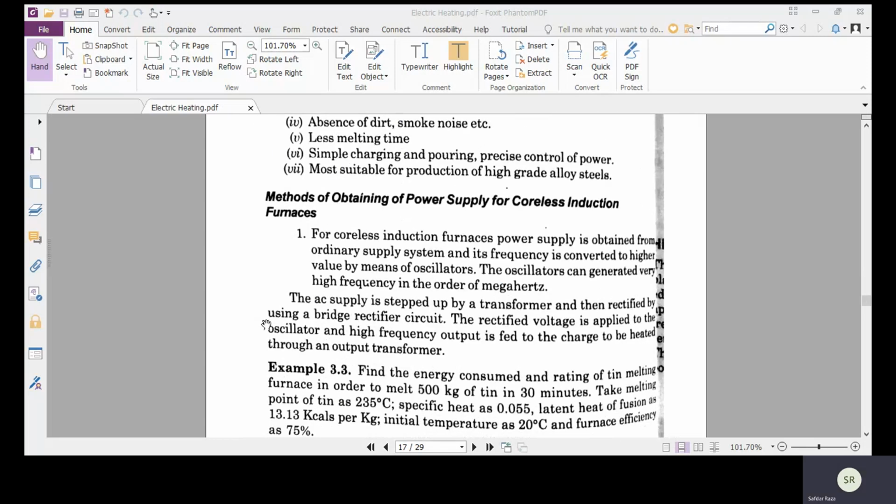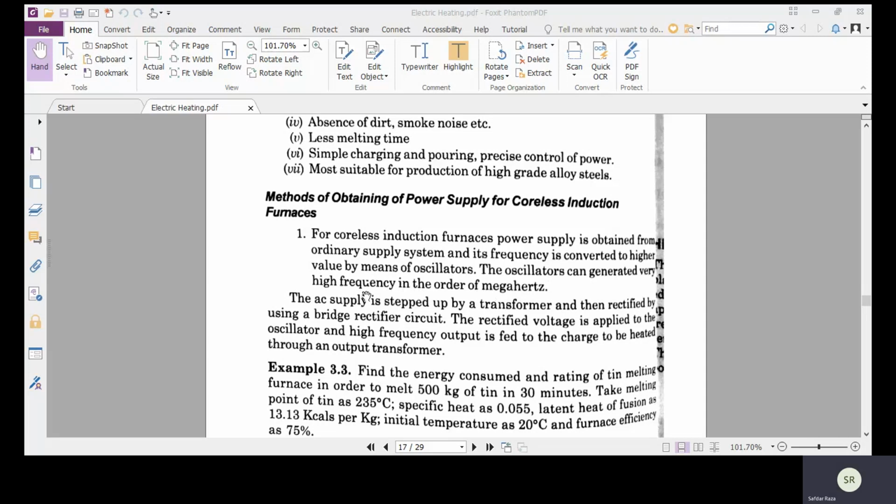Now we will go towards the method of obtaining power supply for coreless induction furnaces. For coreless induction furnaces, power supply is obtained from the ordinary supply system and its frequency is converted to a higher value by means of oscillators. The oscillators can generate very high frequency of the order of megahertz.